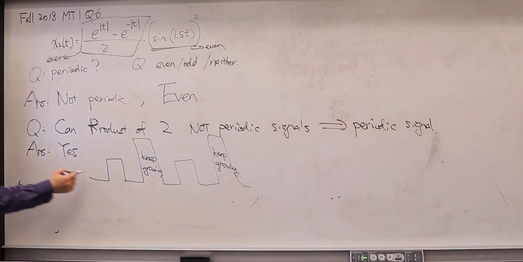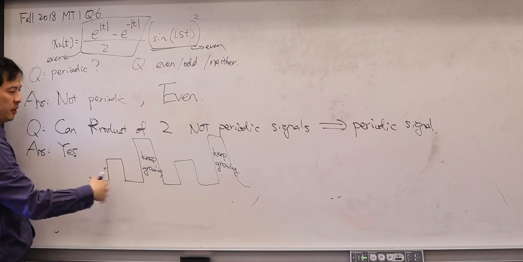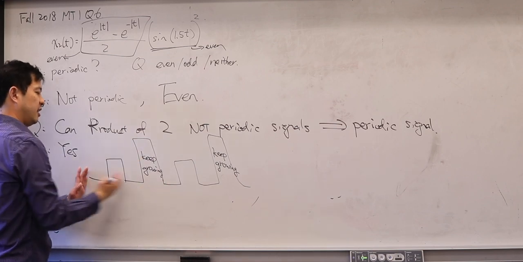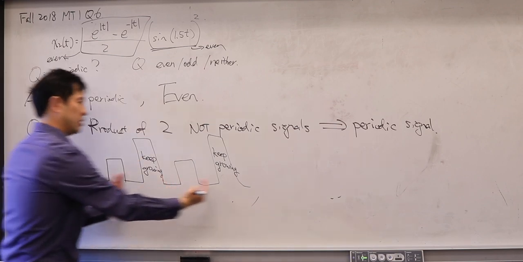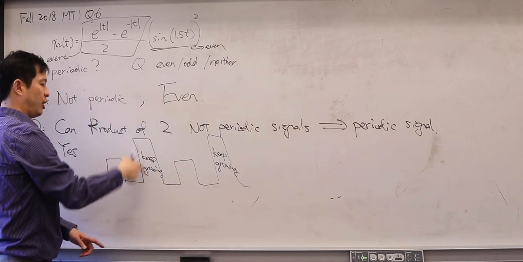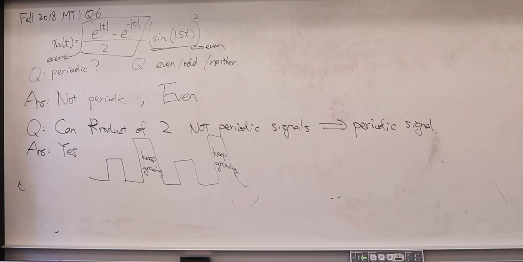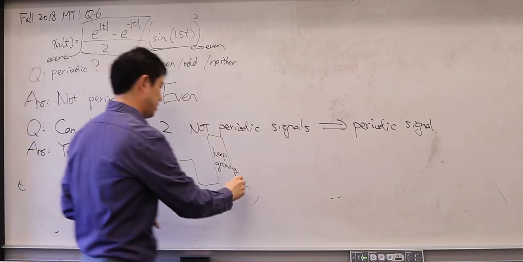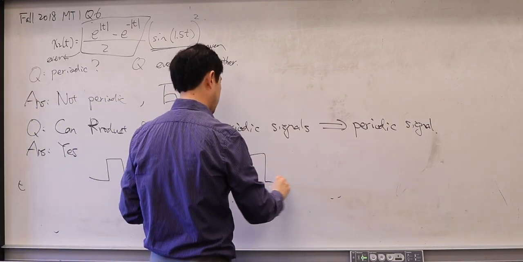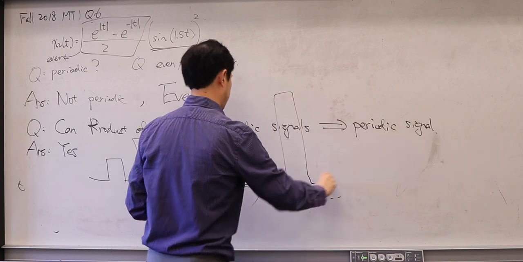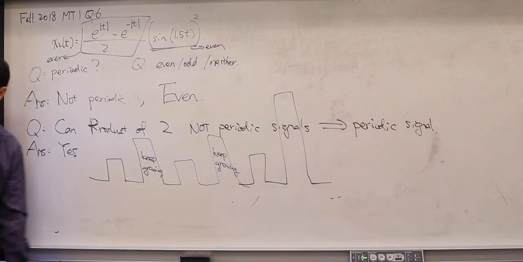So what do I mean by this signal? This signal looks like a periodic signal, but it's not. It has a period. It looks like this, but this part keeps getting higher and higher. Is this signal clear to everybody? If I get another period, this part will get even higher. So it's not a periodic signal.